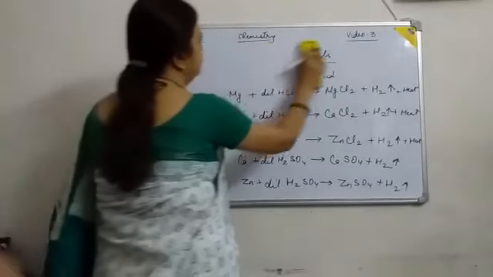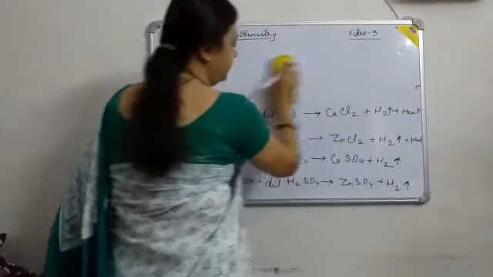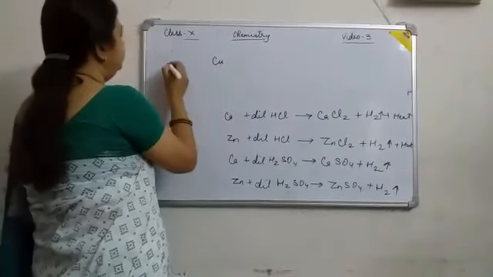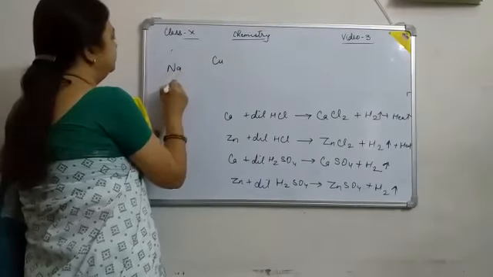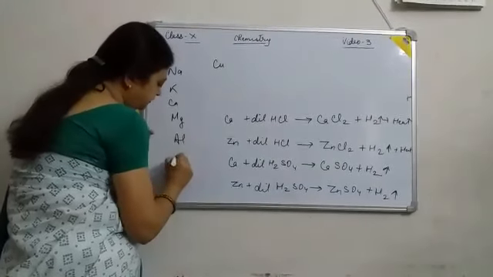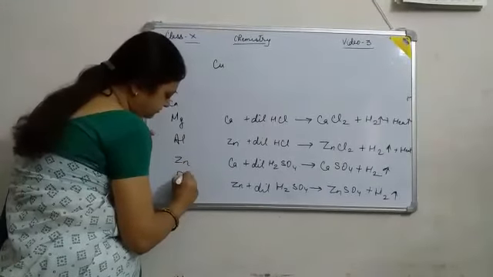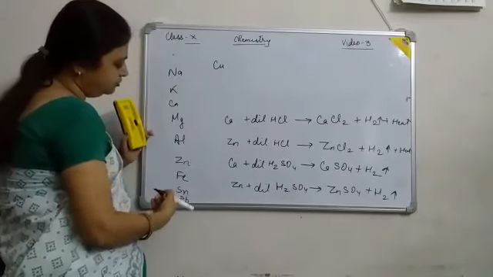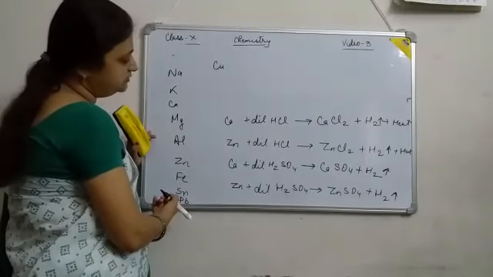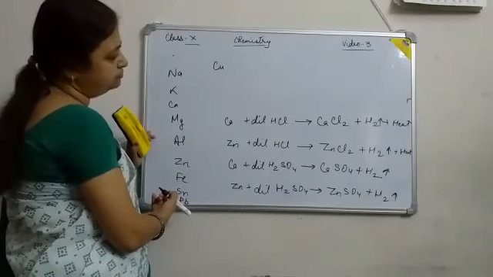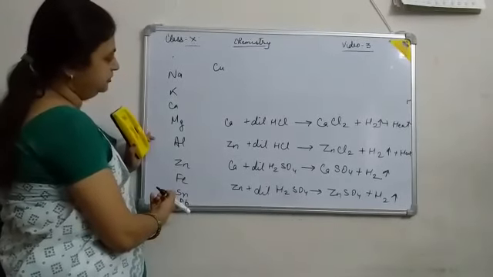Take some more examples. In the reactivity series, we have sodium, potassium, calcium, magnesium, aluminum, zinc, iron, tin, lead. These all metals, when they react with an acid, form their corresponding salt with the liberation of hydrogen gas.